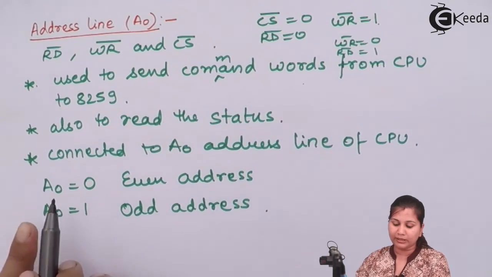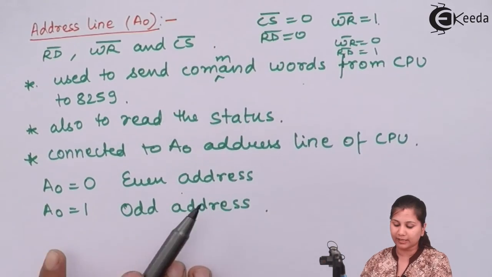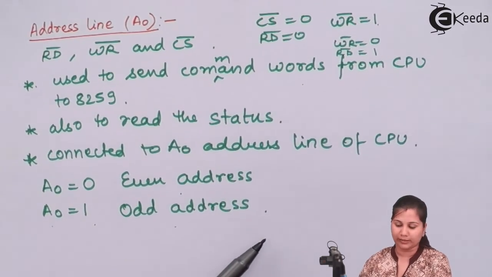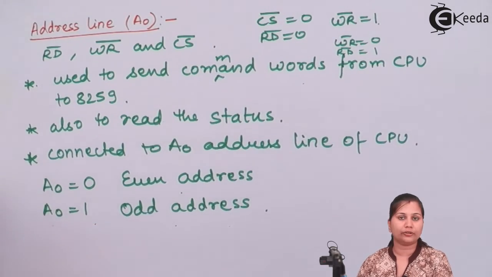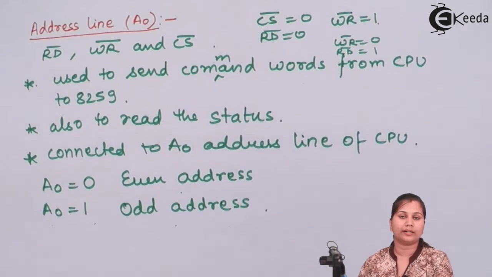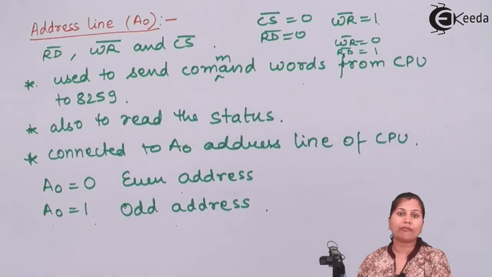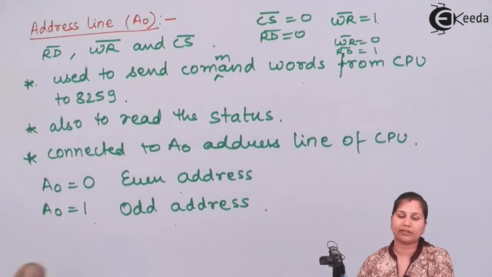When this A0 is 0, then the address is known as the even address. If it is 1, then it is known as the odd address. So this A0 line is used to decide the various command words. When we study the modes of operation of 8259, then we will see the use of this address line A0.